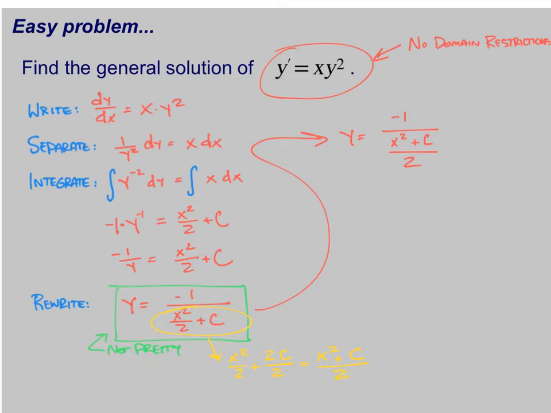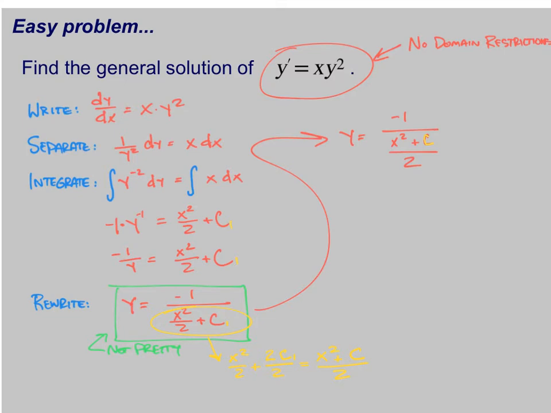It's not fair to use the same c in both of these. So what I should really do is go back and refer to this as the first constant, and this new one I'm just going to call c. So I can leave the c that I have up here as c.